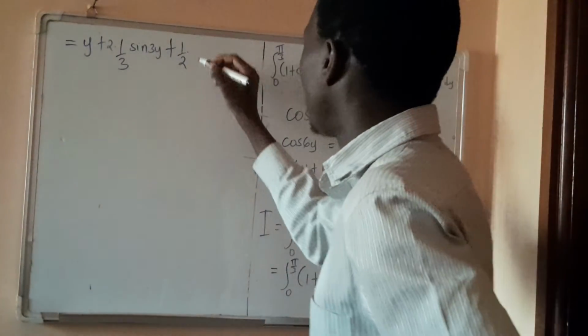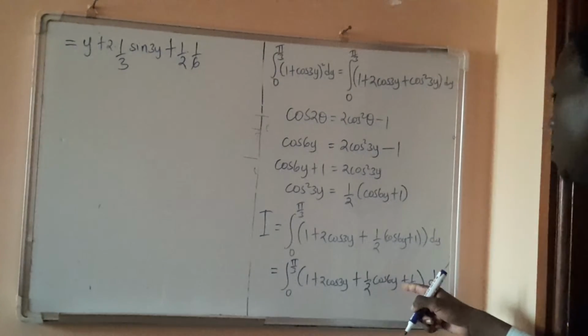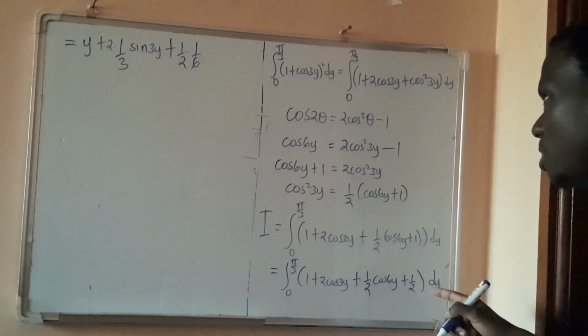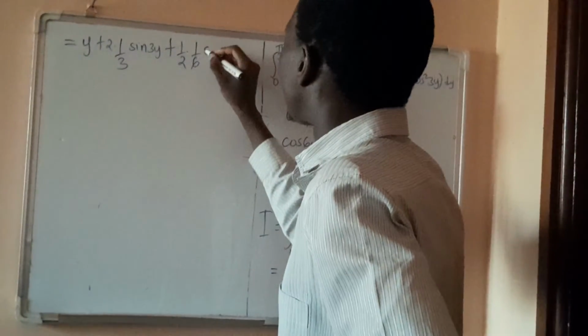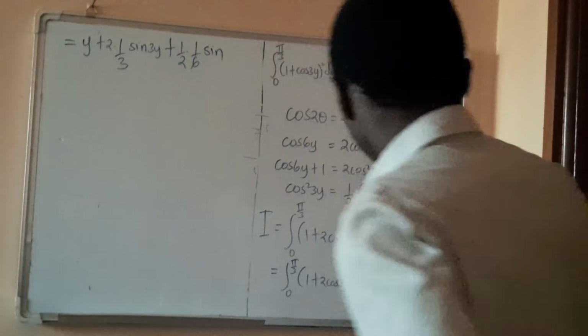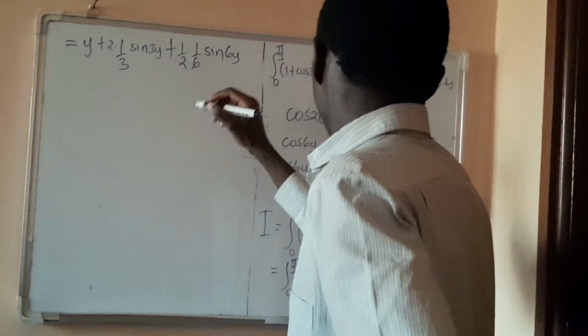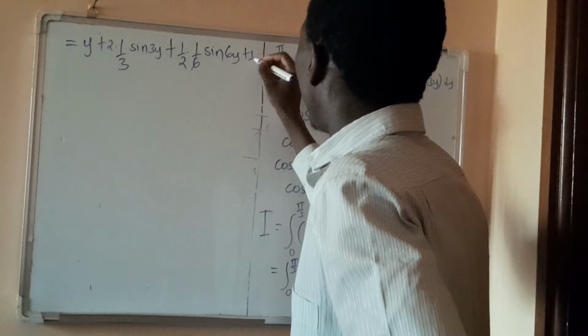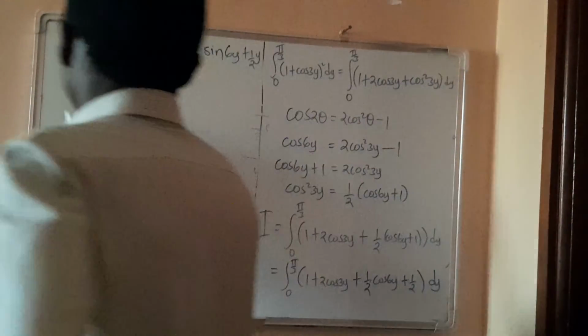Write the reciprocal of that result, which is 1 over 6. Then sine 6y, plus half y.